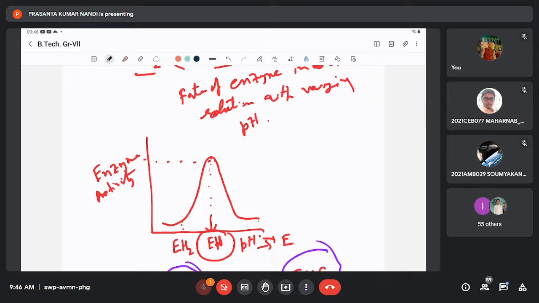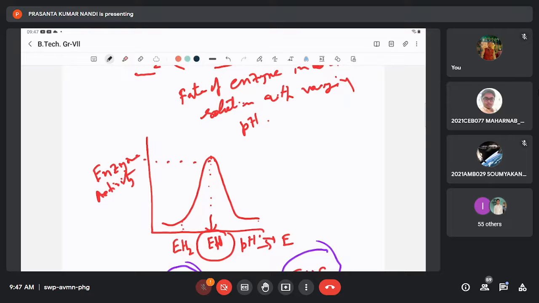That is, we plot the enzyme activity versus the pH of the medium. We are changing the pH of the system and we are measuring the enzyme activity.